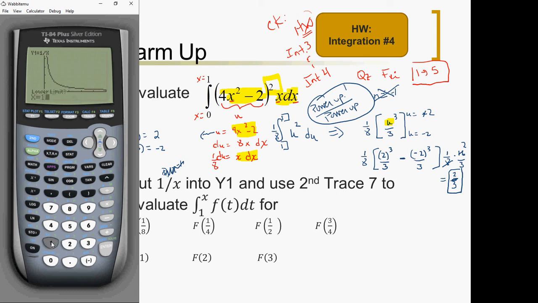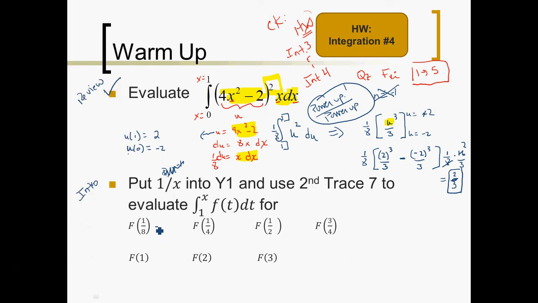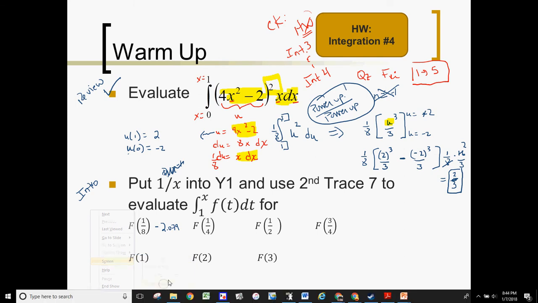So if I start at 1 and go to, what did it ask me, 1/8? I got -2.079. Let's repeat that for a fourth.